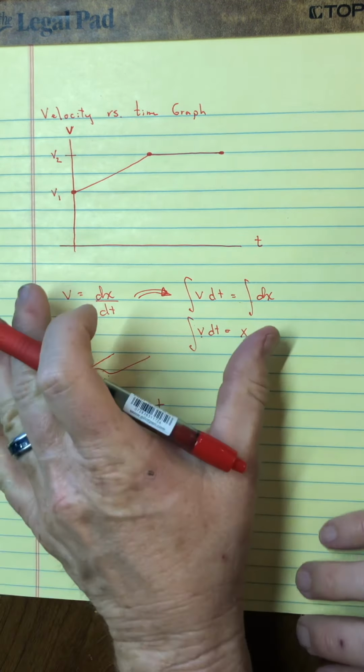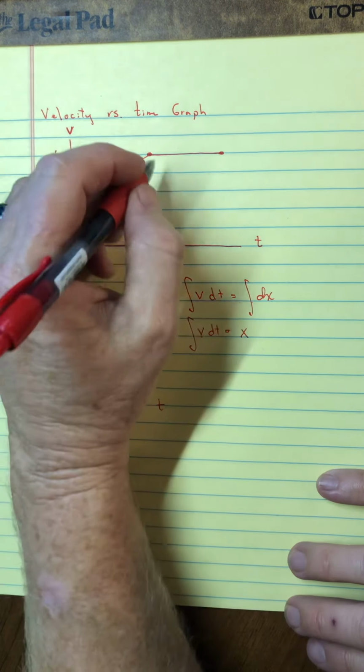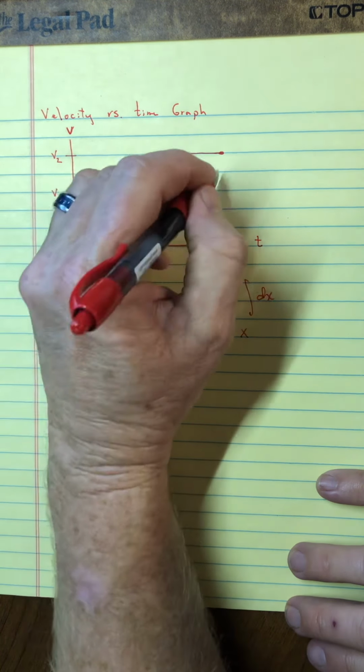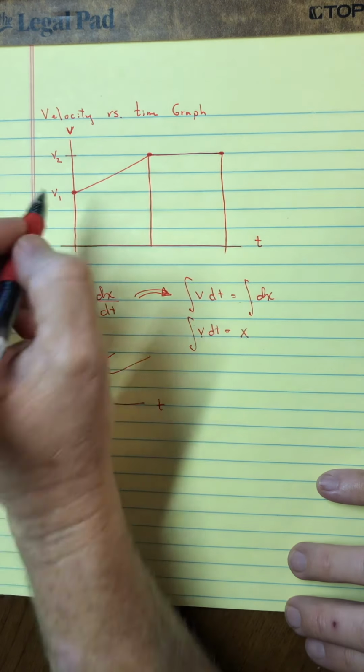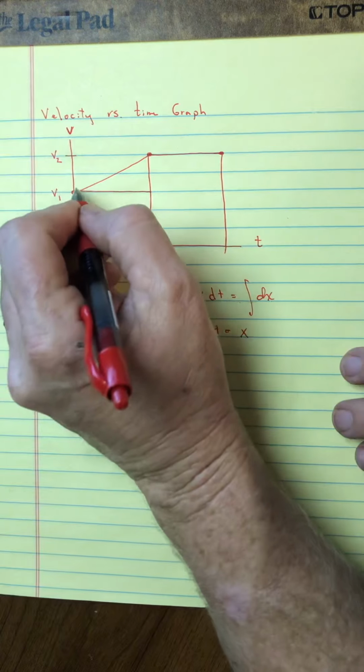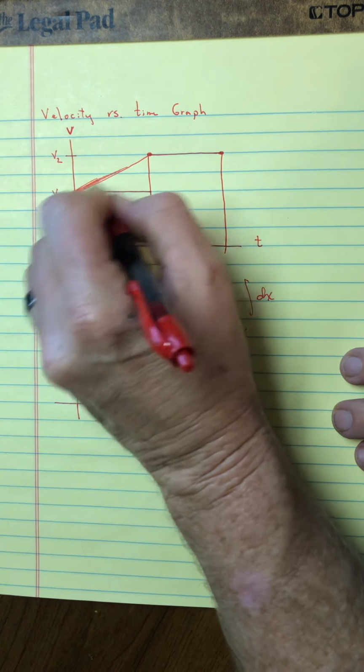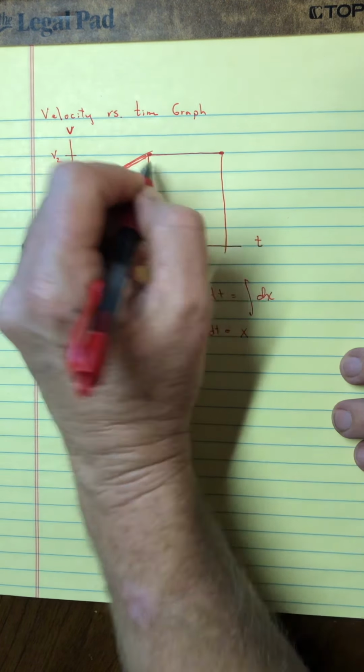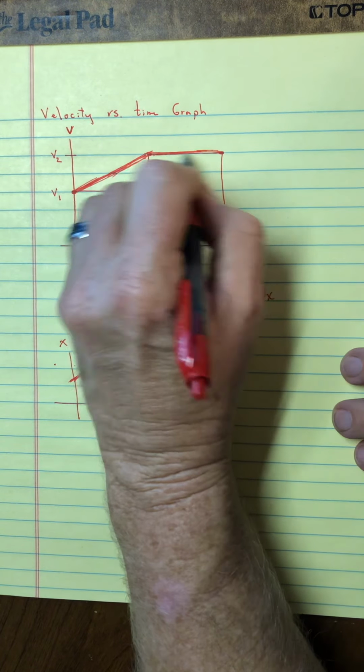I think this problem is helping you out with a little color code here. Let me make this a little more solid so it stands out, because this is actually the graph.